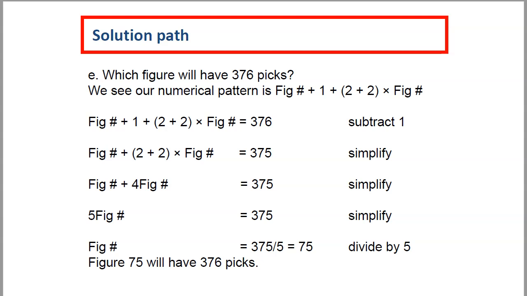Then we simplify. 2 plus 2 is, of course, 4, so we have the figure number plus 4 times the figure number, still equal to 375. When we simplify again, we have 5 times the figure number is 375. And we simplify again, we divide both sides by 5, and we have the figure number is 375 divided by 5, which is 75. Figure 75 will have 376 picks.